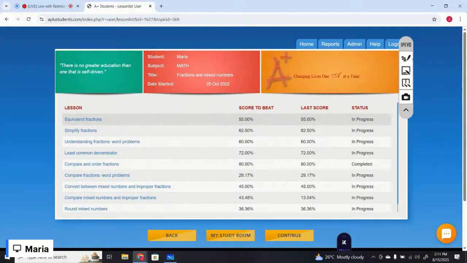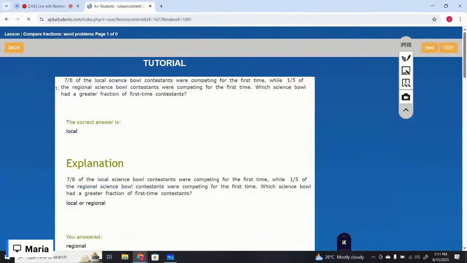The next lesson is compare fractions word problems. Okay, I'm going to start with the test questions.